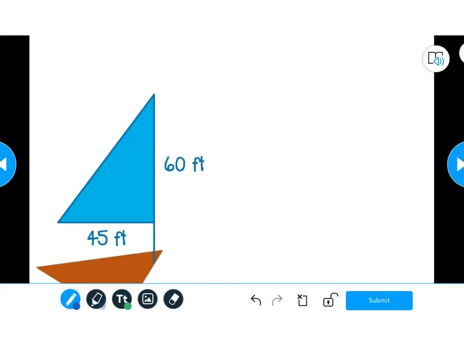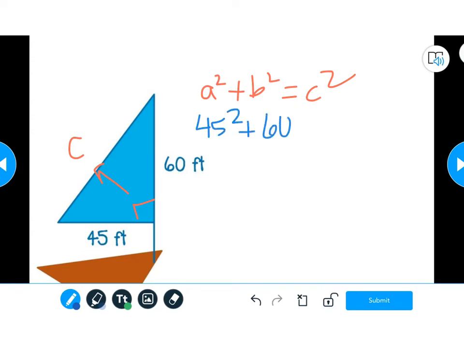Another example on the Nearpod looks like a sailboat where you have to find the diagonal of the sailboat or the hypotenuse, that's always the letter C across from the right angle. So we use the formula a squared plus b squared equals c squared. And then you sub in the legs. In this case, they're 45 and 60, so we square those.